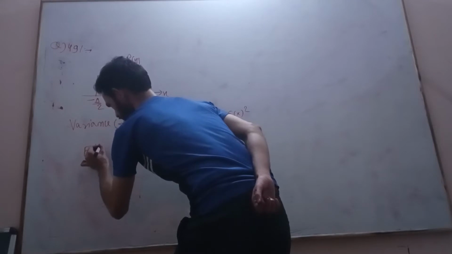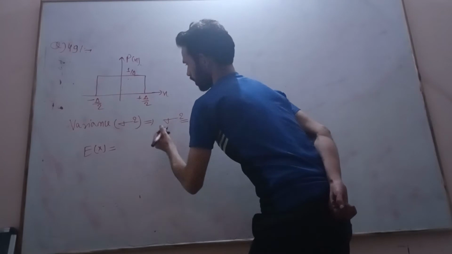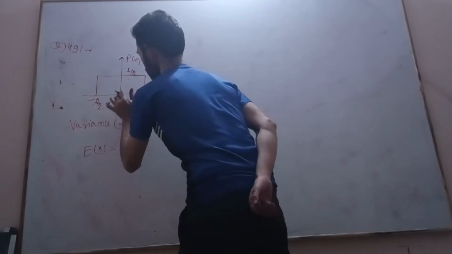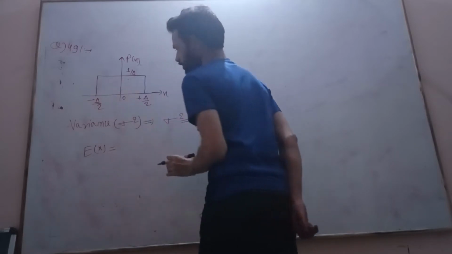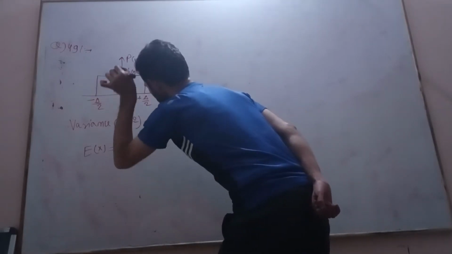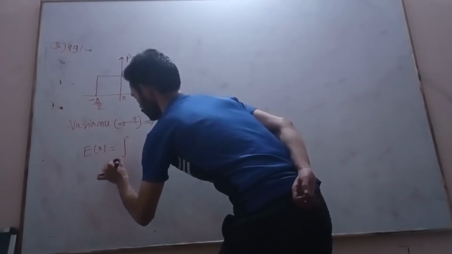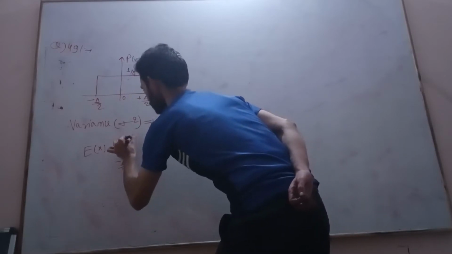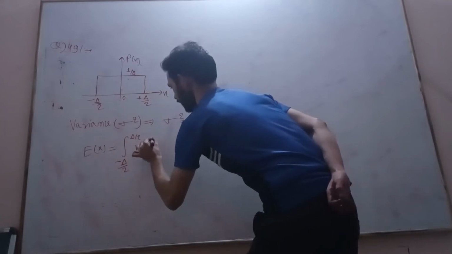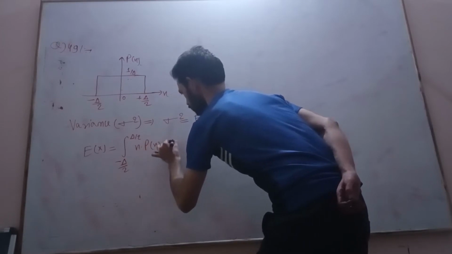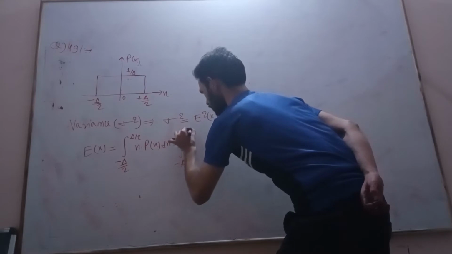The mean is the expectation of x, which is the integration from minus delta by 2 to plus delta by 2 of x into p of x dx. That equals the integration of x into 1 by delta dx, which is 1 by delta times x square by 2, with limits minus delta by 2 to plus delta by 2.